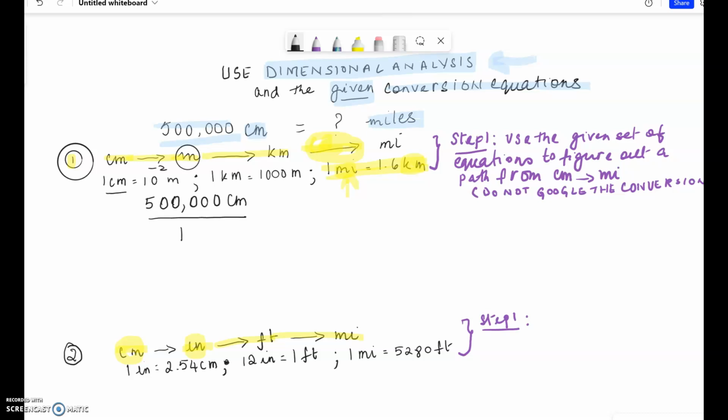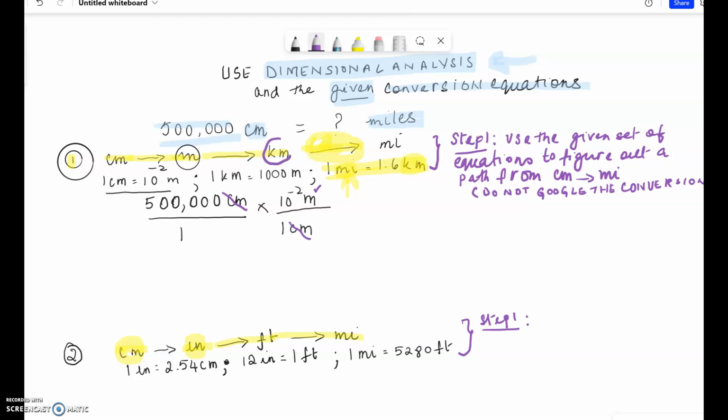So we use the equation 1 centimeter is 10 to the negative 2 meters. Now we want centimeters to get cancelled. So 1 centimeter sits in the denominator and 10 to the negative 2 meters sits in the numerator. Let's make sure we're cancelling the centimeters with centimeters. Right now we've converted everything to meters.